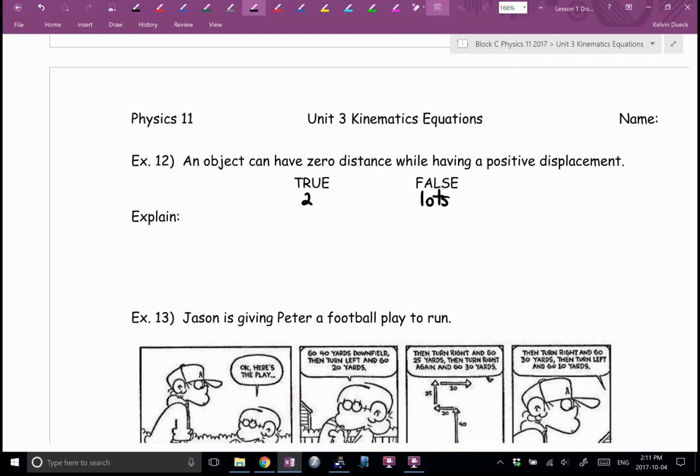Okay, can you give me an example of a position that I could start out at such that I would have 0 distance and have, instead of the word displacement, I'm going to say change in position. That's what displacement was defined as. I'm still not coming up with one. So I think I'm going to go, okay, where it says explain this time, false, I can't come up with an example that makes it true.